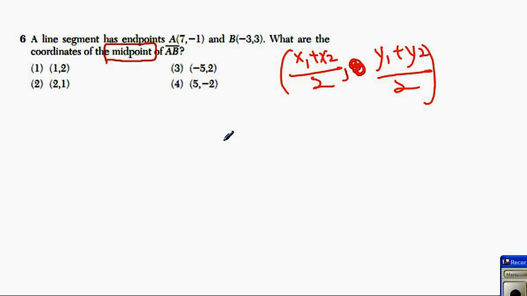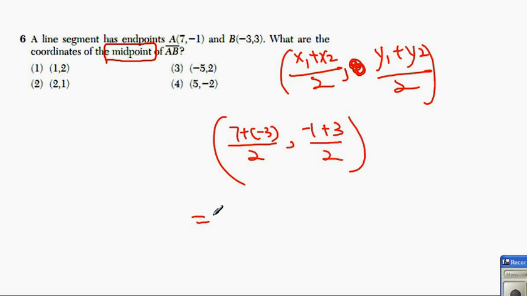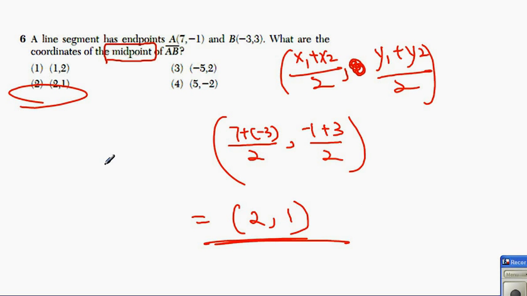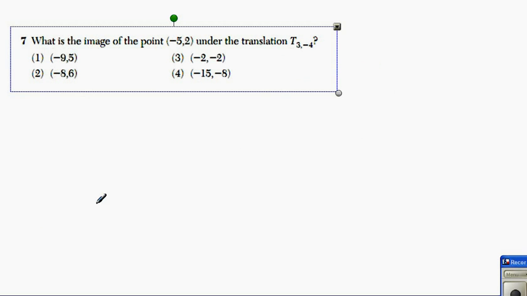So we have 7 plus negative 3 over 2. The y values are negative 1 plus 3 over 2. Once you do this, it will be equal to 7 minus 3, which is 4, divided by 2 is 2, and then 2 divided by 2 is 1. So 2 comma 1 becomes our final answer.